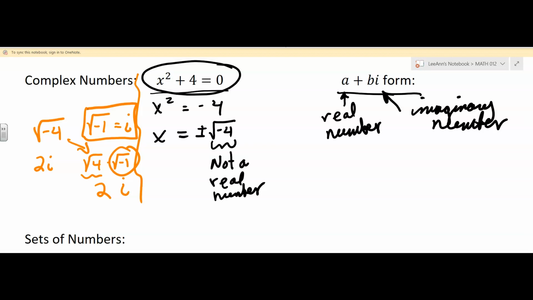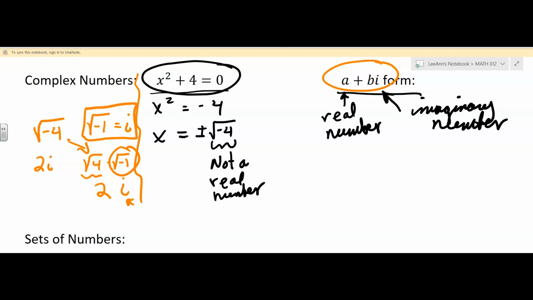So just hold on to that nugget of information for right now. The square root of -1 is equal to i. Now back to my standard form, a plus bi. You have this real part, and then i represents the imaginary number portion. The square root of -1 is an imaginary number, and we represent it with i.